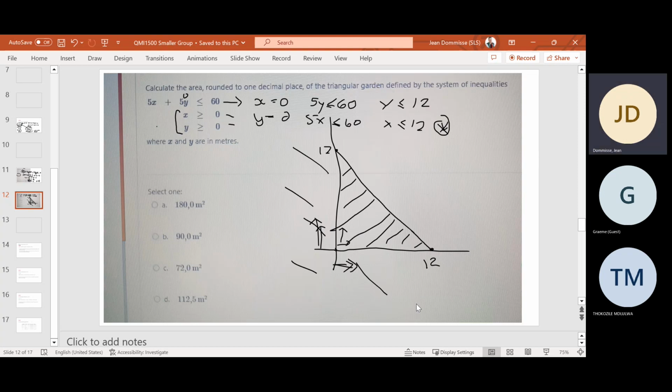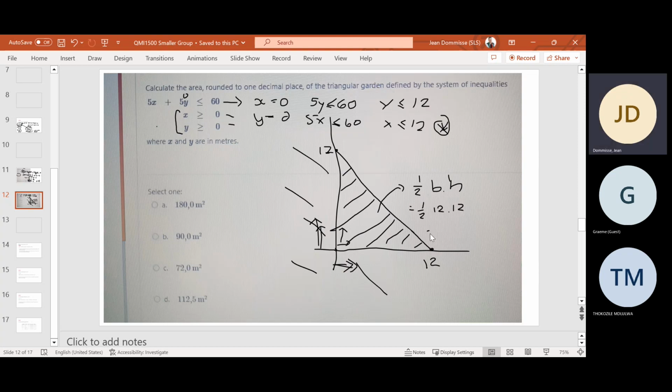So now, some of the previous work that you would have done in the first topic, we are now working with area. Area of a triangle is half times base times height, which is half times base, which is 12, and height, which is also 12.